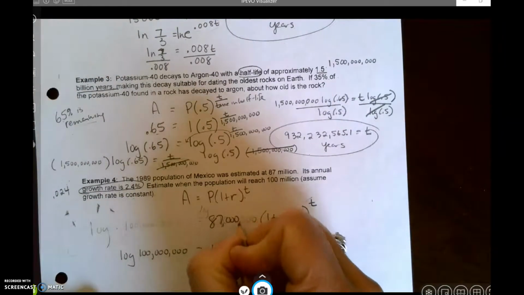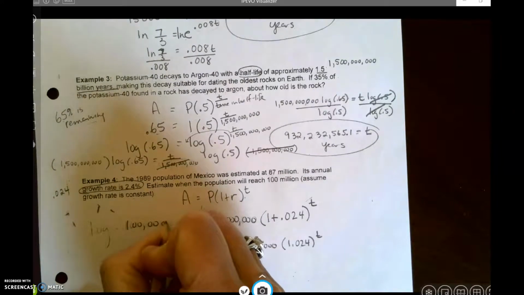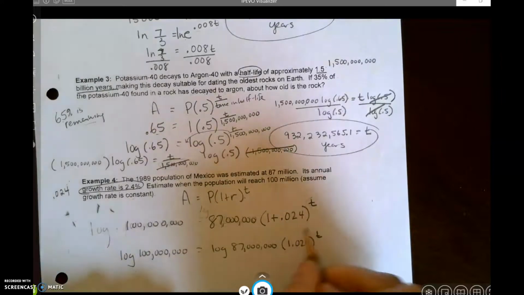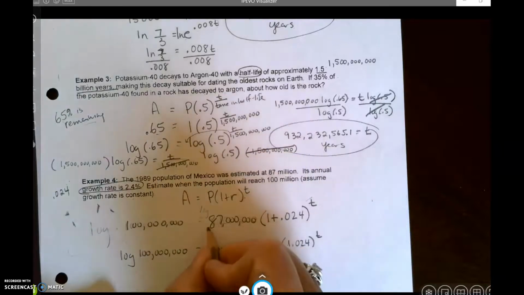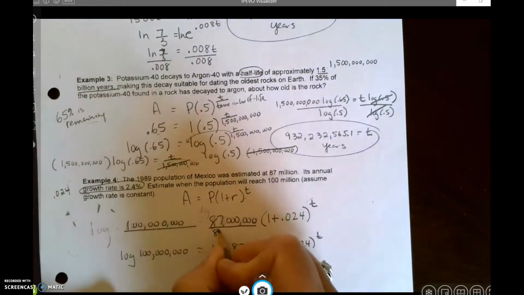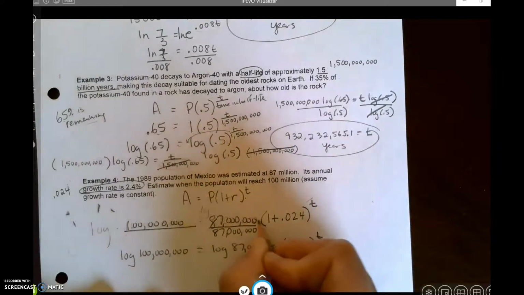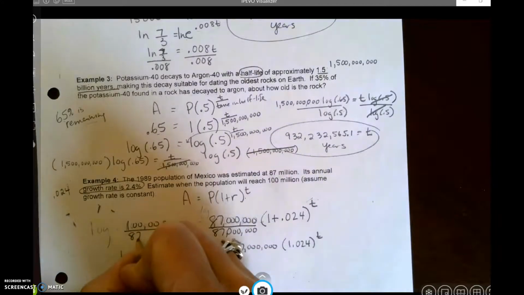I want this 1.024 to the t to be by itself, so I can divide both sides by 87 million, because this is multiplication here. This is not being raised to the exponent. This is being multiplied, so I can divide.